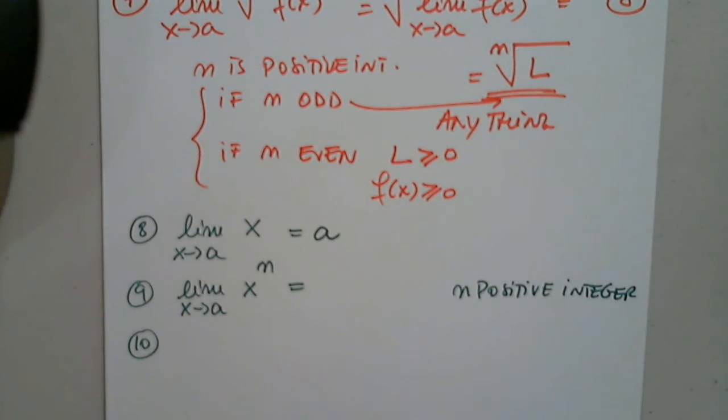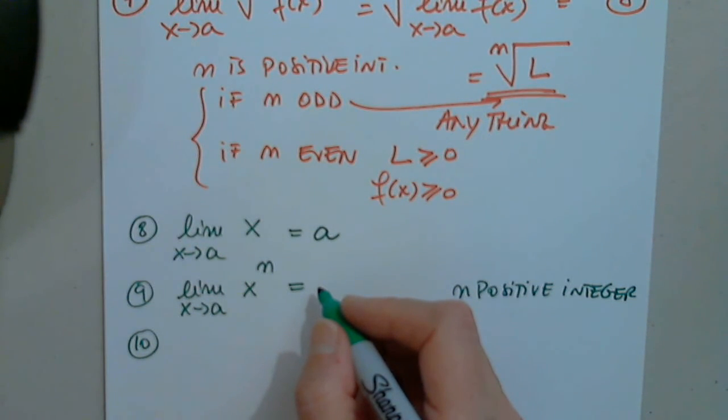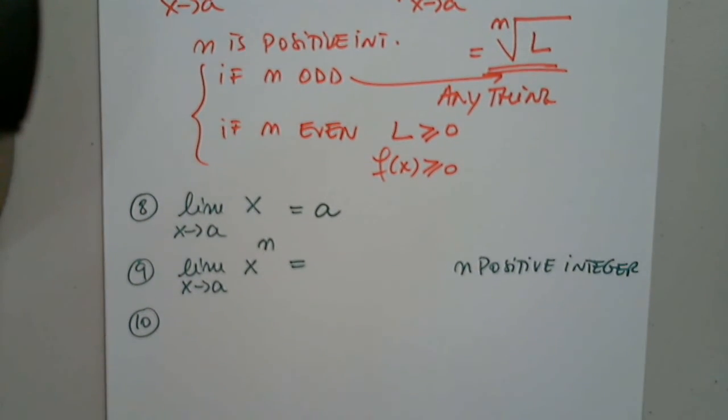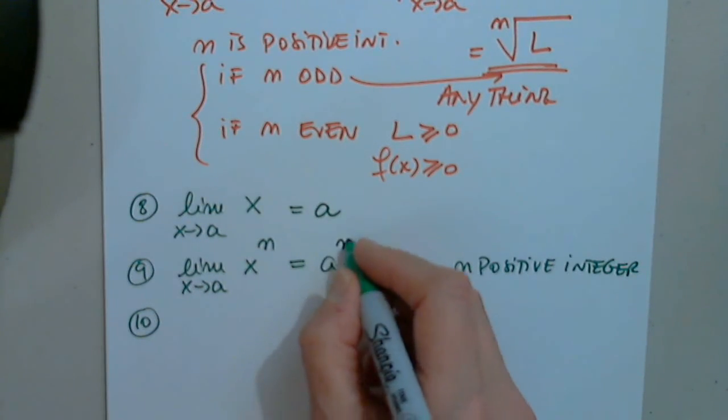What would be the answer? Same thing. Anyone? What did we say we have to do every time we calculate a limit? It's going to be a to the n. Excellent.